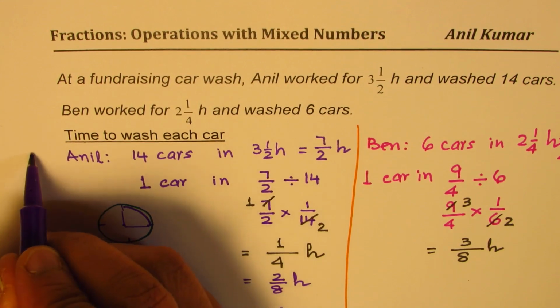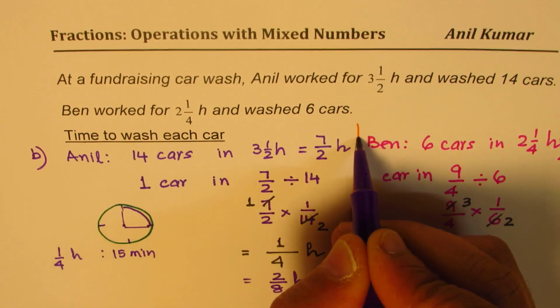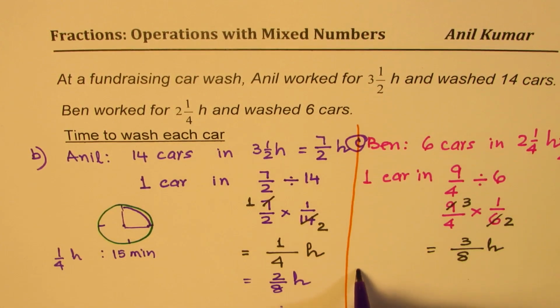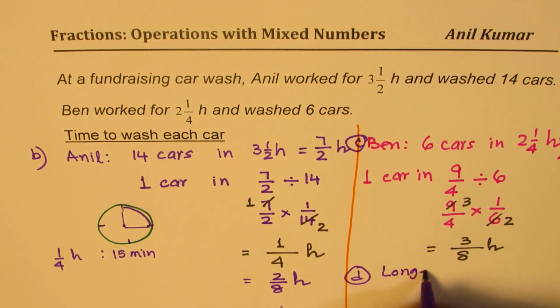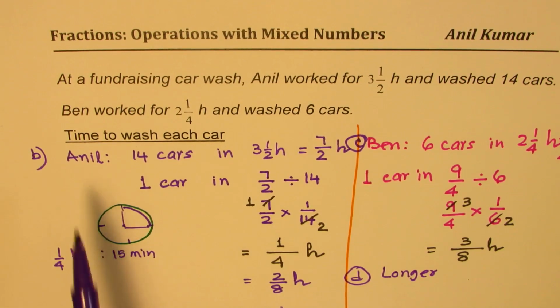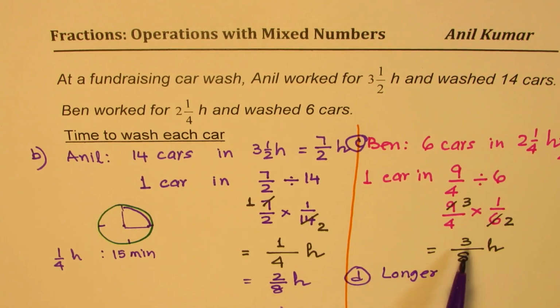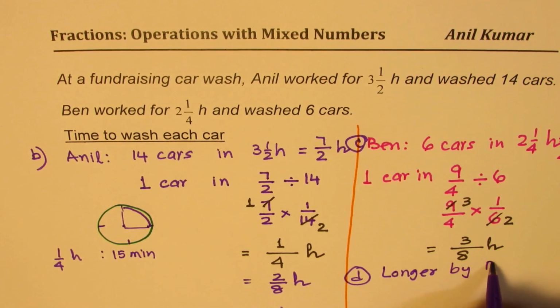So we have done part B and part C. Now part D is how much longer time, right? So who takes longer? Well, Anil is taking 2 out of 8 of an hour. Ben is taking 3 out of 8. So when you compare, this is longer. So longer by Ben.